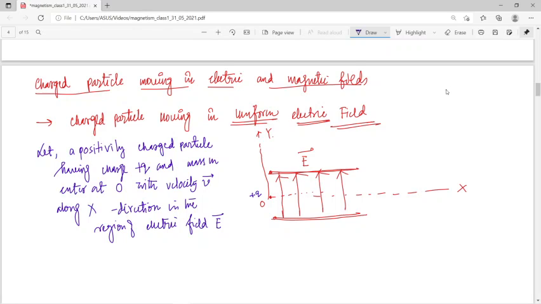Now you know what the force acting on the charge q is when it is entering that particular field with velocity v.